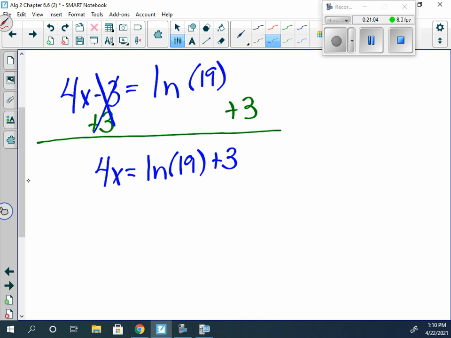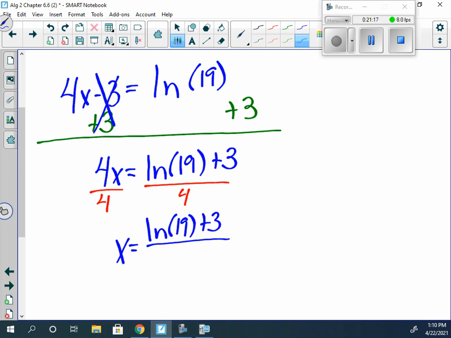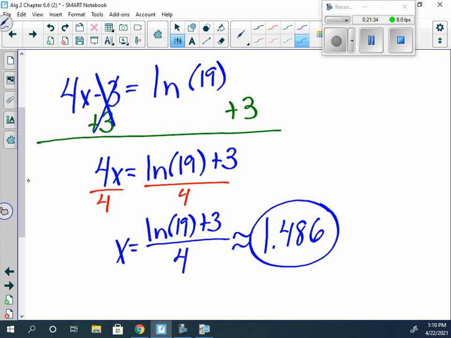And then we would divide both sides by 4, which tells me x is equal to the natural log of 19 plus 3 divided by 4, which is approximately... We all agree. And that's it. That's all we have to do with these here.